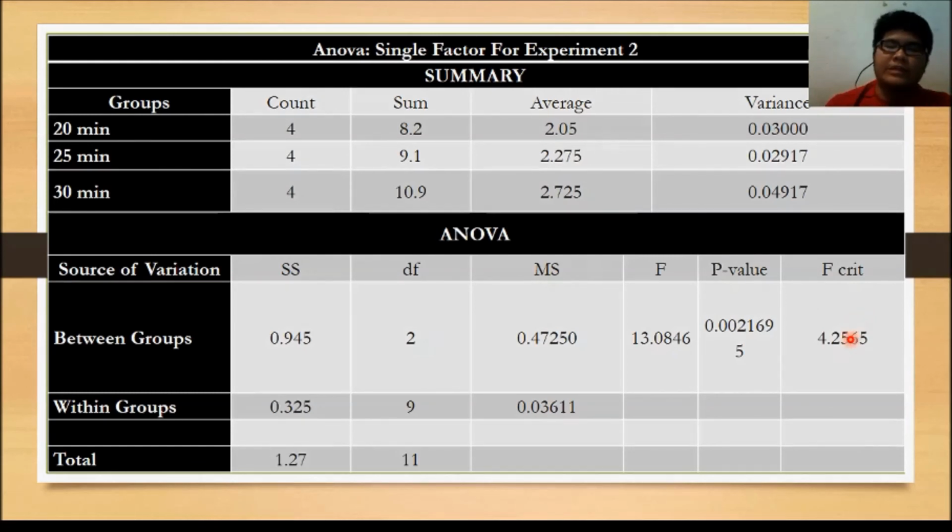From here we deduce that the null hypothesis for experiment 2 is rejected. It is also proved by the p-value of this ANOVA table having a lower value than alpha. That increases the evidence that our null hypothesis for this experiment is rejected.